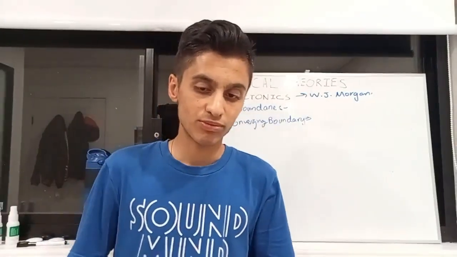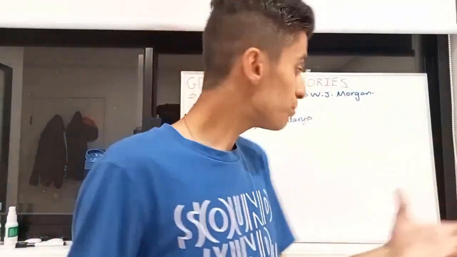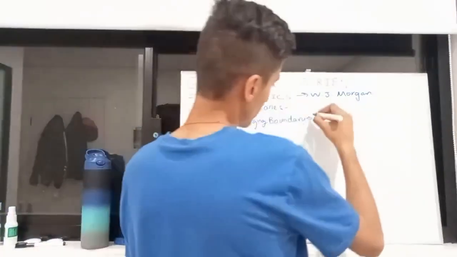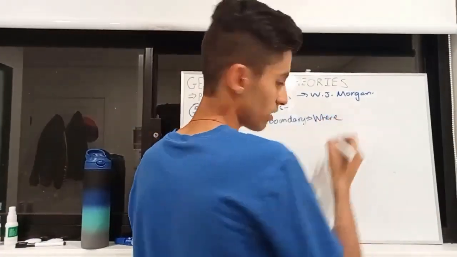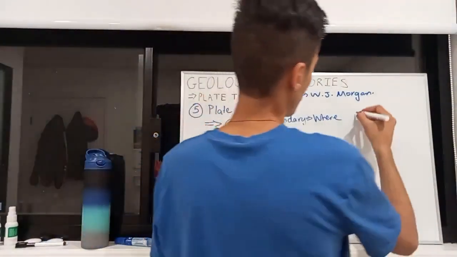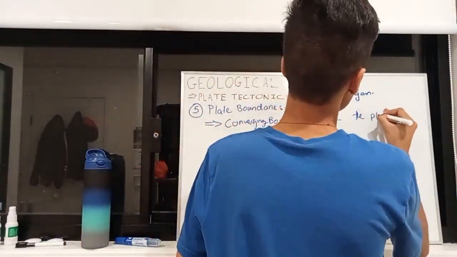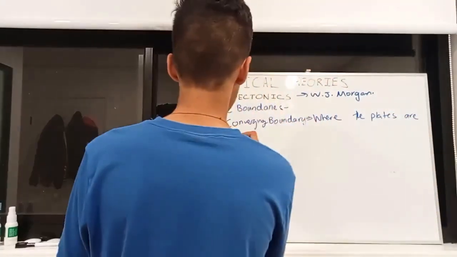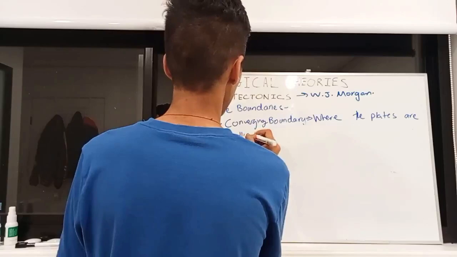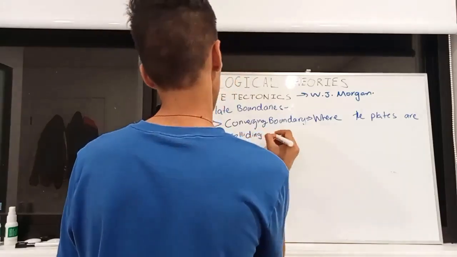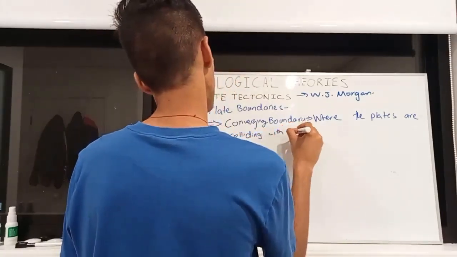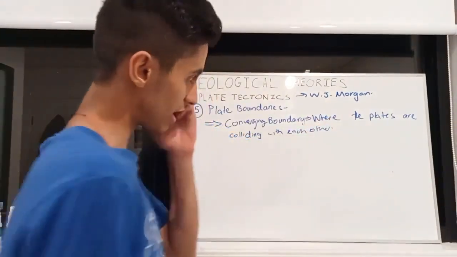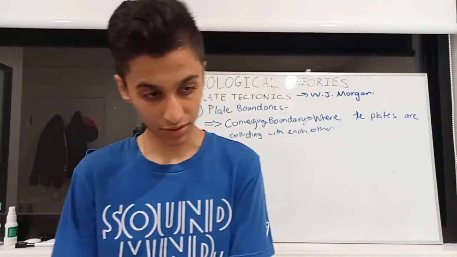It's just two plates colliding. That's the simple definition of converging boundaries.